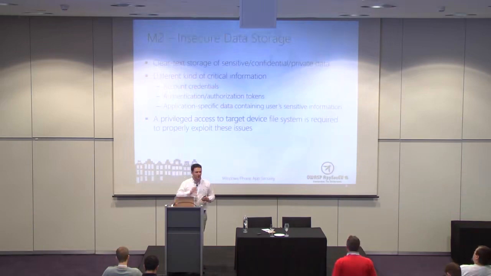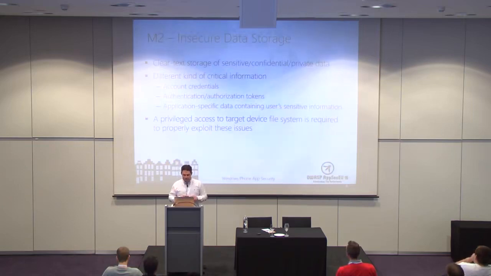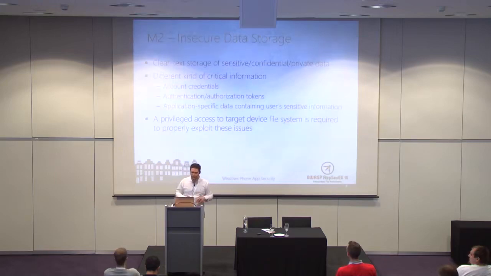With the insecure data storage, we are just referring to a clear text storage of any kind of sensitive, confidential, private data. With these terms, I'm referring to any kind of password, username, so account credential, authorization token, authentication token, and so on.